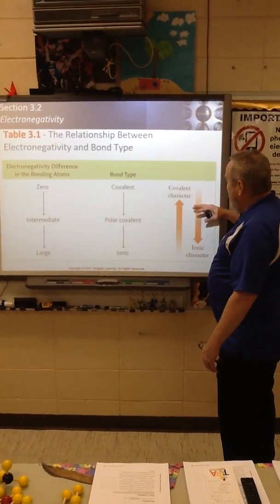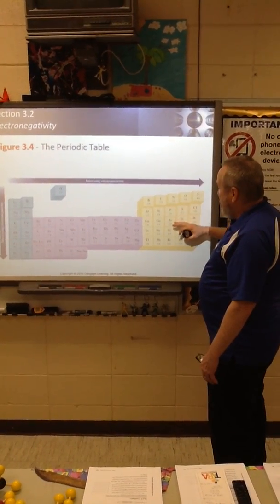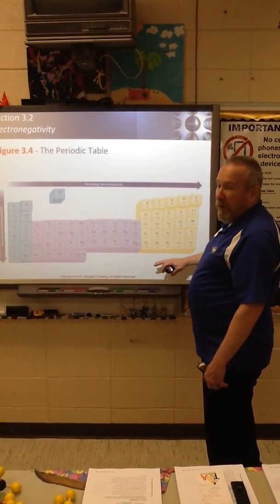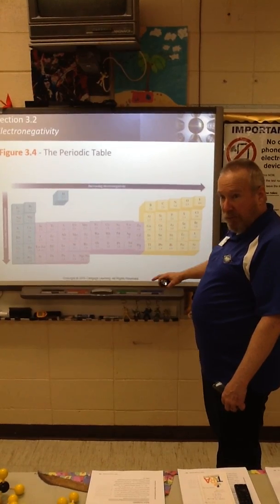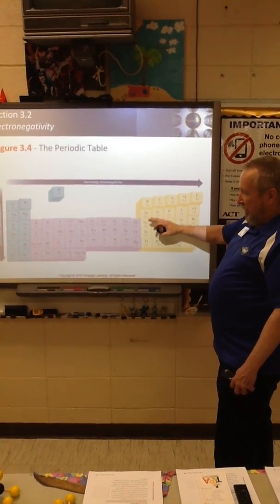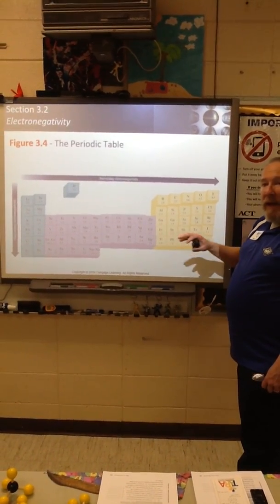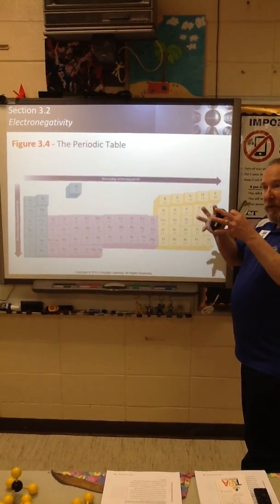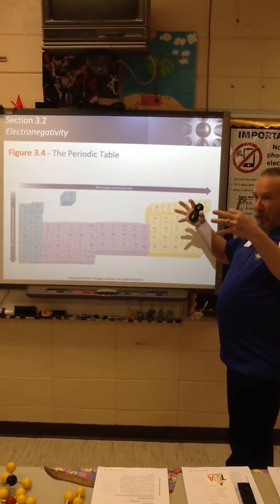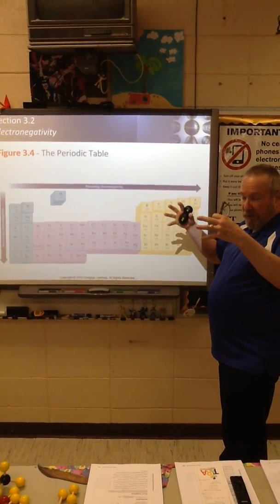But the electronegativity goes down as you go down the periodic table, as you go down a group or a family and go into the higher level periods. And that's because those electrons are getting further and further away from that positively charged nucleus.